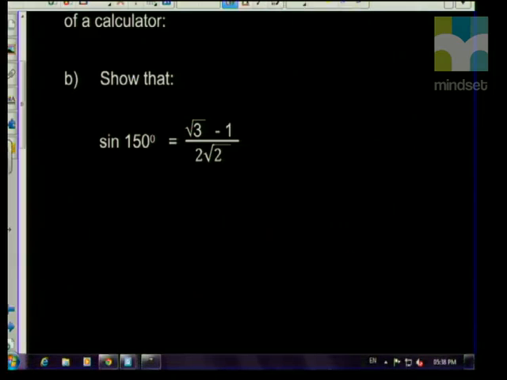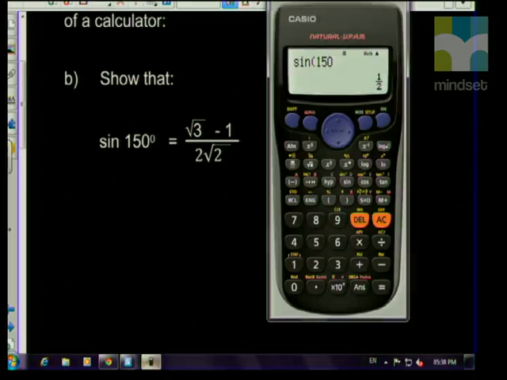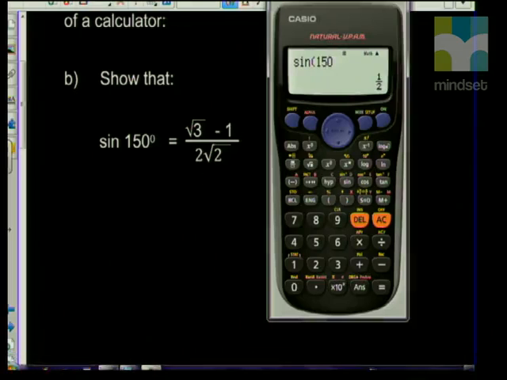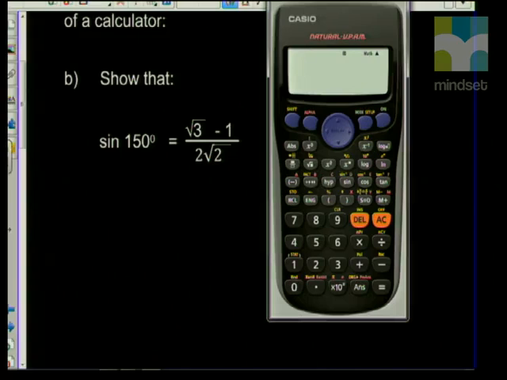If you're given sine of 150, I think they were thinking of sine, let's just double check here, sine of 15. That is root 6 minus root 2 all divided by 4. Now, let's just double check if this works.